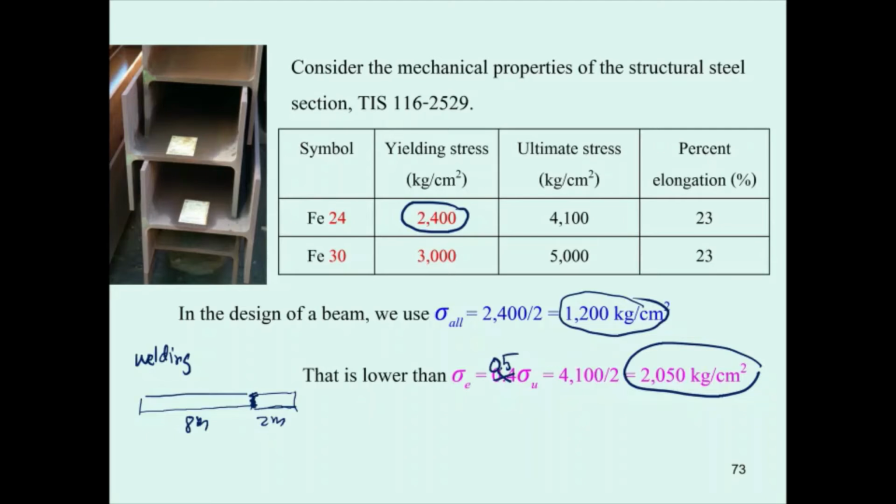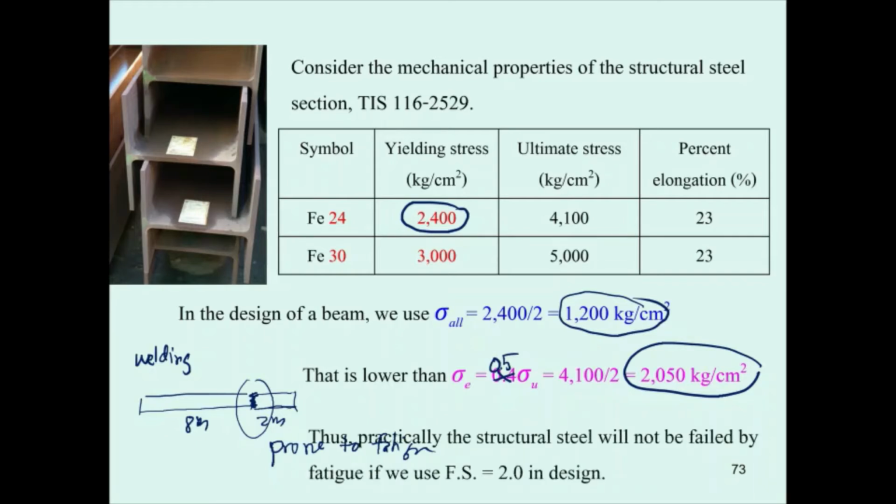But if the welder is bad, sometimes they just pour water onto this welding and cause cracks in the steel over here, and that is very prone to fatigue. So beware of the quality of construction when we are talking about building a steel bridge by welding. Most of the time our structural steel will not fail by fatigue due to the factor of safety of 2.